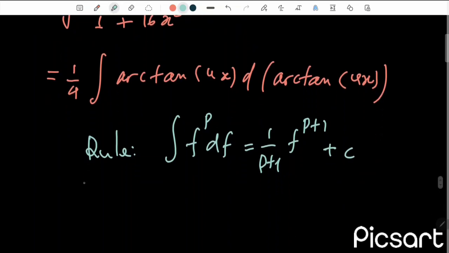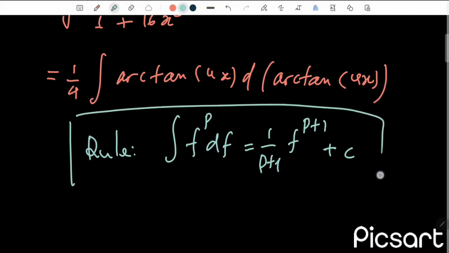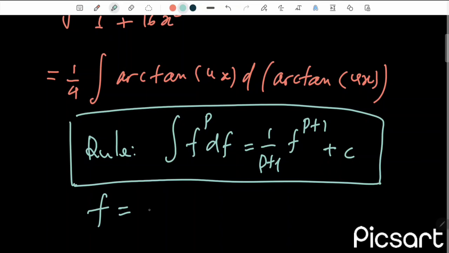For our exercise, our f function is arctan of 4x, and our p is equal to 1, which is the exponent of the arctan.